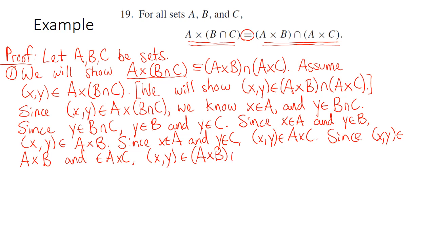So xy is in A cross B intersect A cross C. So that's the end of part 1.